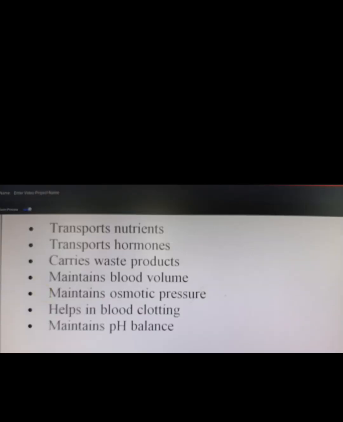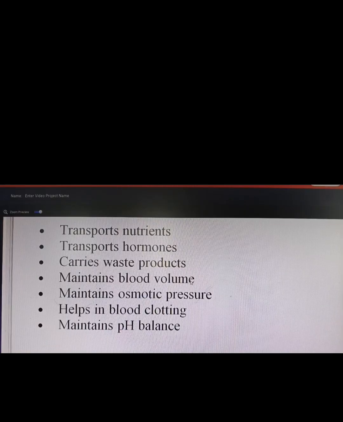Next we will see the functions of plasma. First one is transports nutrients, second one transports hormones, and the third one carries waste products. Fourth one is maintains blood volume. Plasma maintains blood volume by holding water inside the blood vessels with the help of plasma proteins, especially albumin.